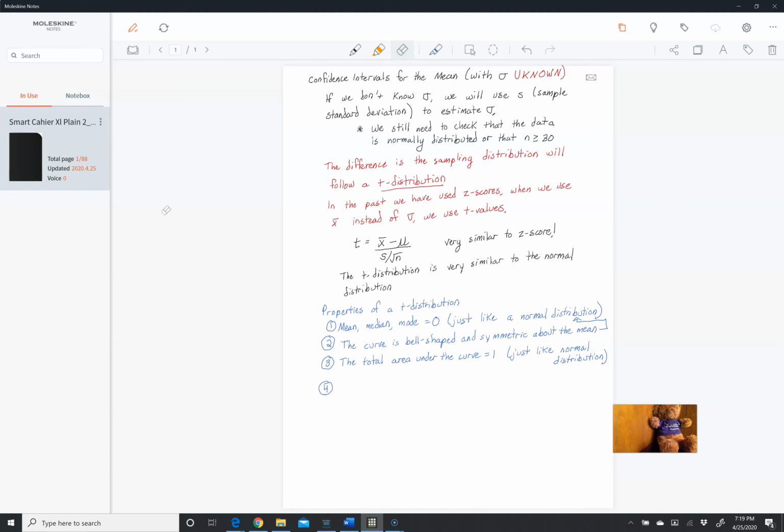Now here are where the differences start, okay? The tails are thicker than those of the normal distribution. So they come up higher, and when I draw the diagram, you're going to see what we mean by that.